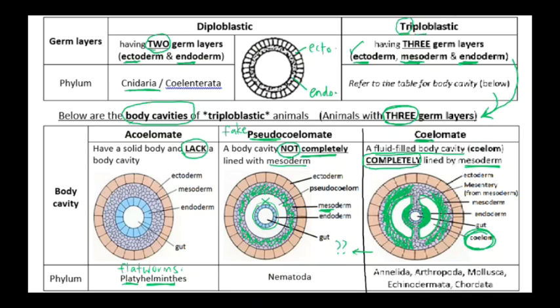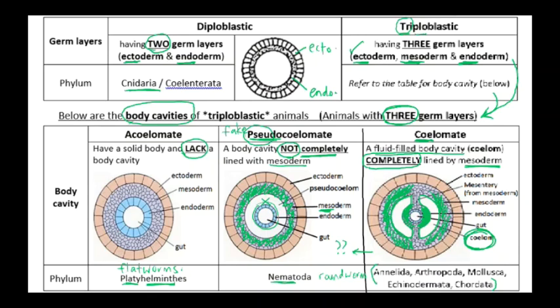But this one doesn't have. Only one layer of mesoderm on the outside of the cavity. That's why this is what we call a pseudocoelomate. The organisms in the phylum Nematoda, the roundworms, will have this kind of body cavity. Coelomate is usually in more advanced animals. So we have all these phyla that consist of coelom, a body cavity completely lined by mesoderm.